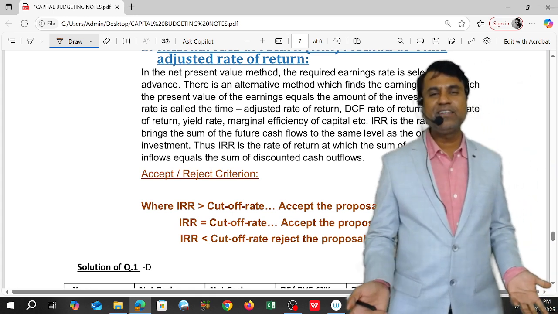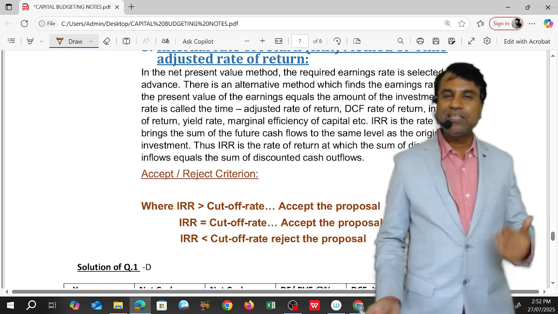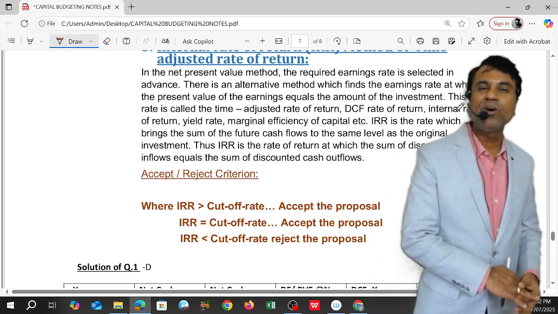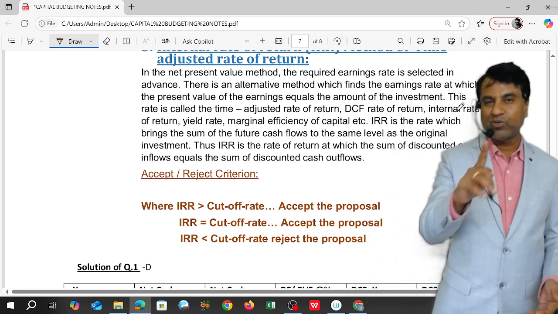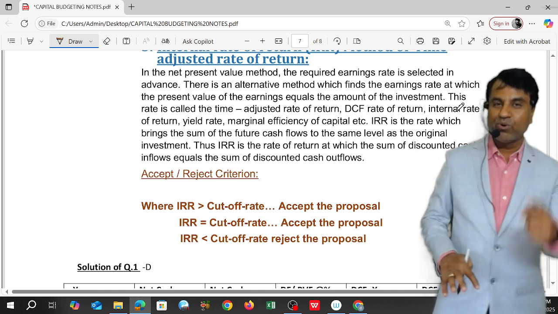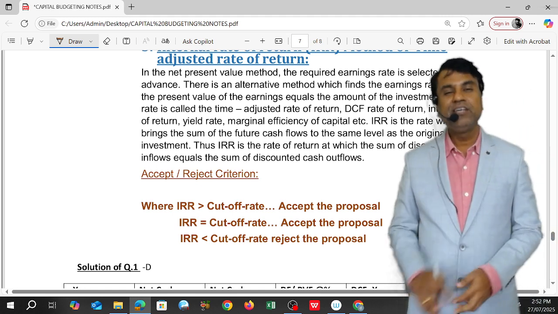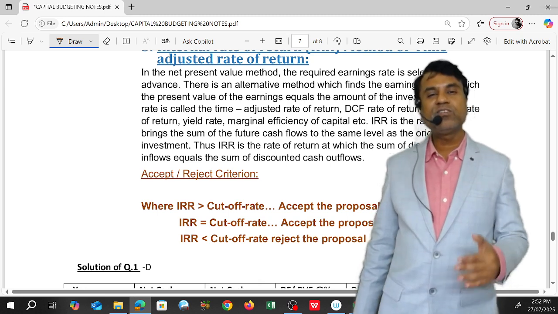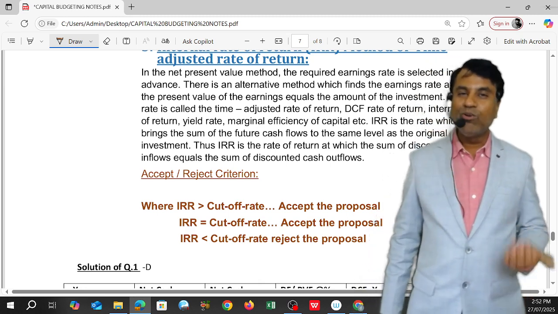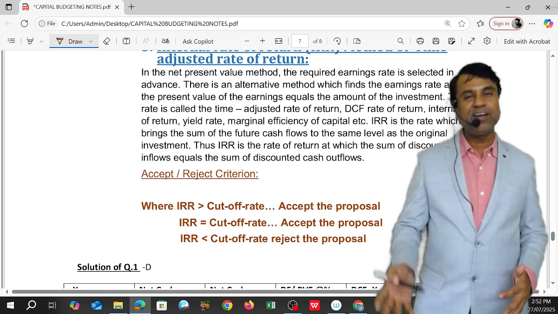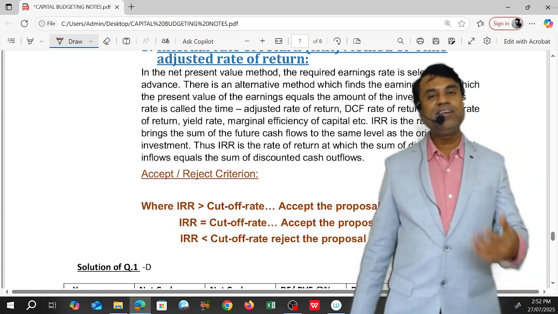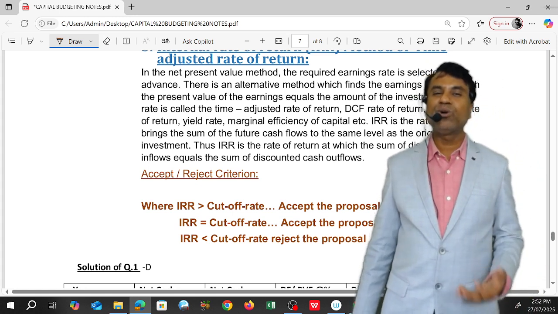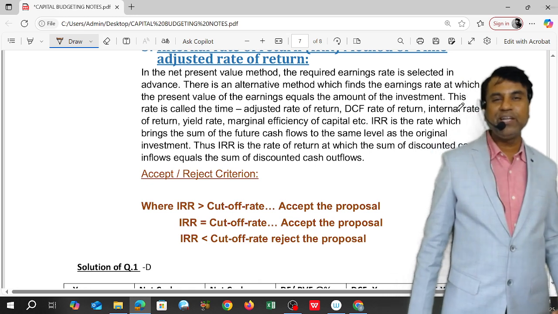Because this is trial and error, you tried a rate, and by that you got NPV, but NPV has gone negative. Now you want positive NPV, so try a lower rate than the earlier one. Focus on my point. If you try a particular rate in IRR, and NPV is first coming negative, then try a lower rate to get positive NPV. Whereas let's say that in the first trial itself you got positive NPV. Now you want negative NPV.